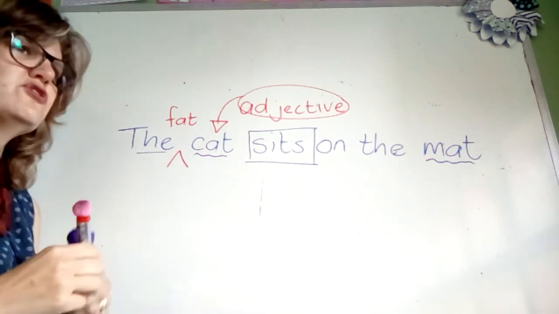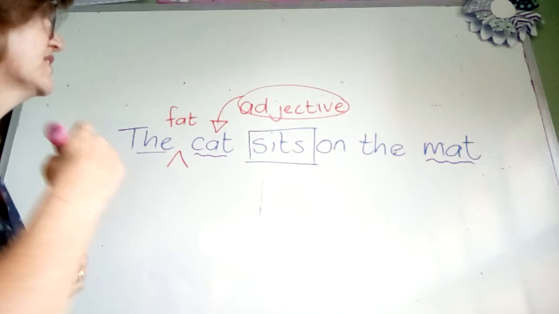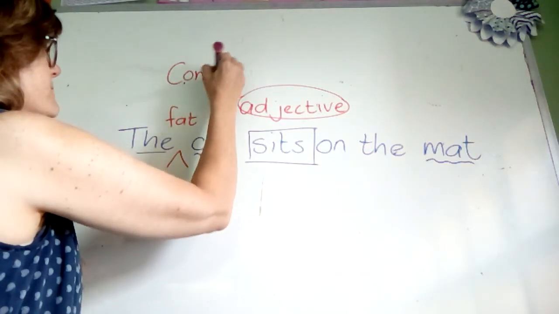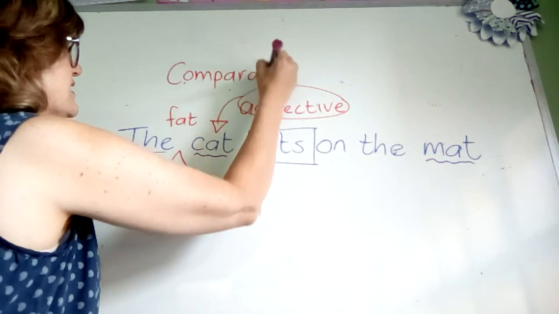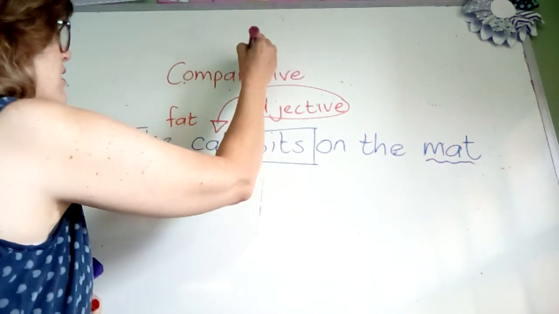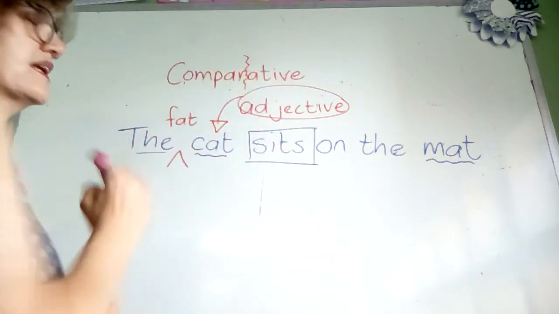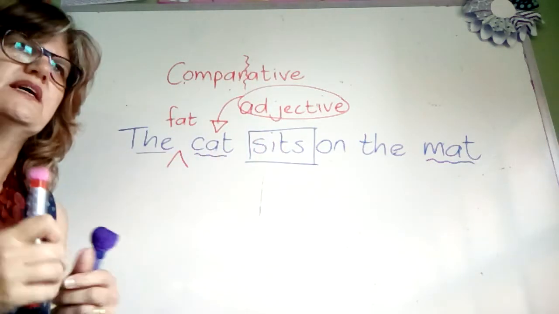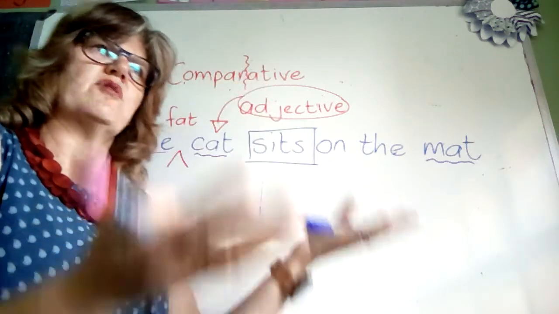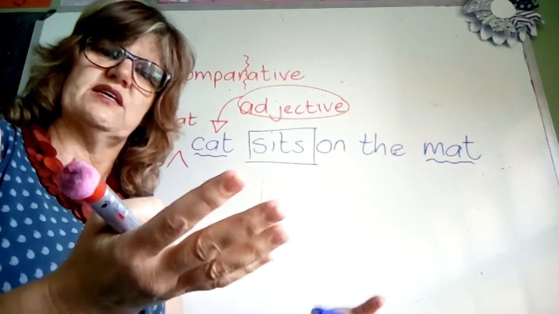Now, we are going to do two big words. The one is comparative. Now, almost there, I can cut the word and you will hear the word compare. Compare is if I'm comparing two things with each other.